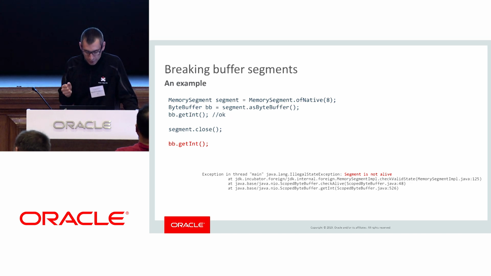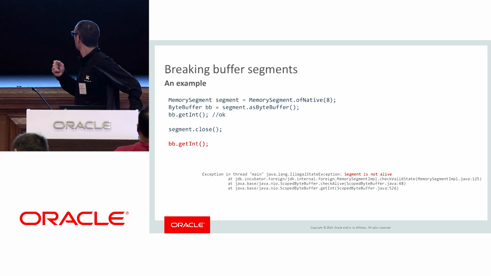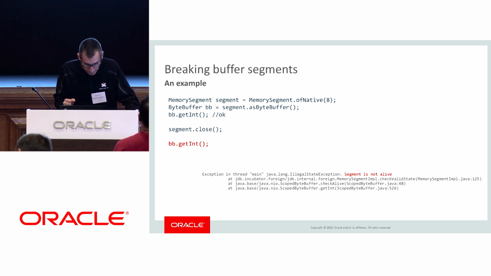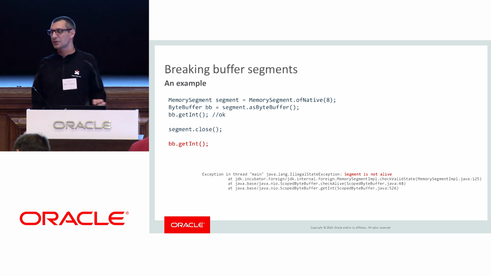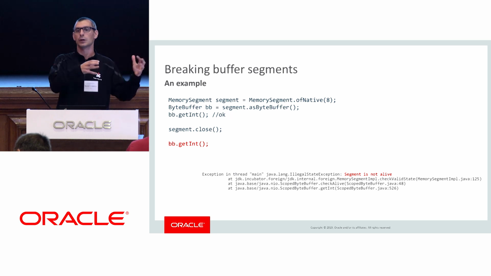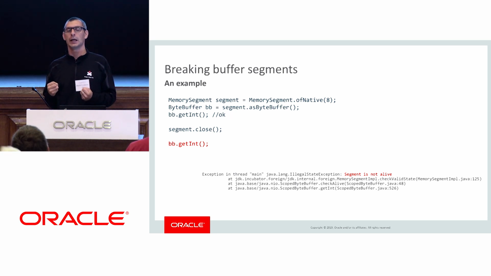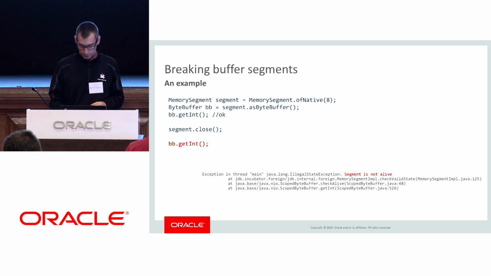If you look at the stack trace, unfortunately the font is very small, you can see that there is a different implementation of the byte buffer that is used here. It's called ScopedByteBuffer. It's essentially a byte buffer that still has a link to the memory segment it comes from, and it will keep checking the memory segment for permission before doing any of the dereference operations that can lead to potential crashes. So, check.